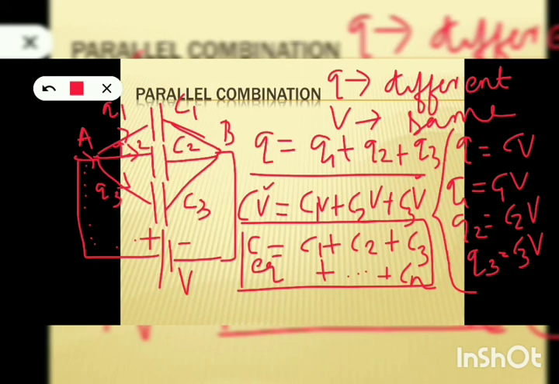For a series combination, the total capacitance will decrease, and the formula to find the total or equivalent capacitance is 1 by C equivalent equal to 1 by C1 plus 1 by C2 plus etc. plus 1 by Cn. For a parallel combination, the total capacitance increases. The formula to find the equivalent capacitance is C equivalent equal to C1 plus C2 plus etc. plus Cn.